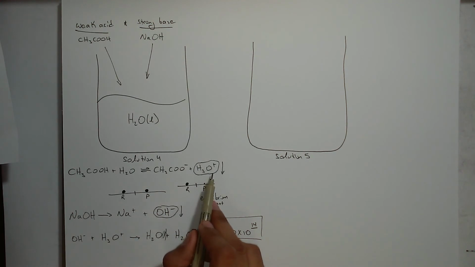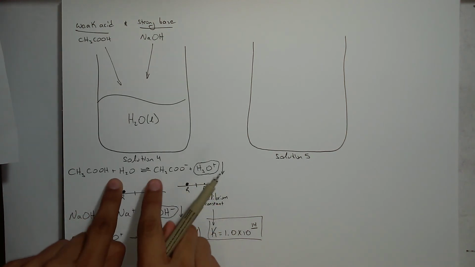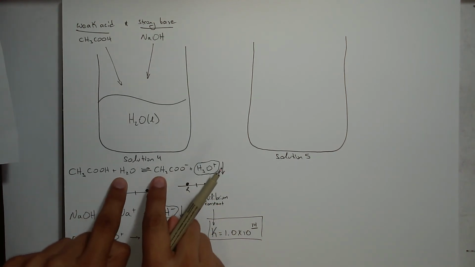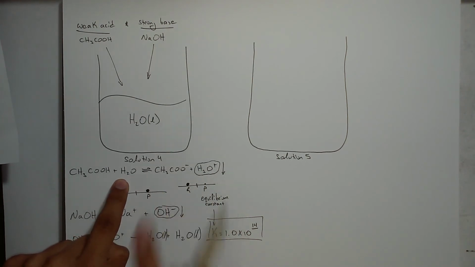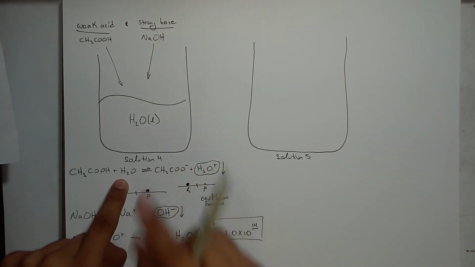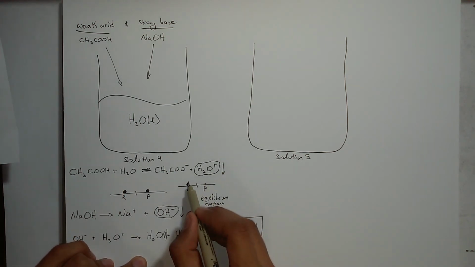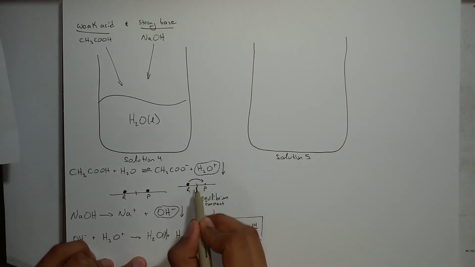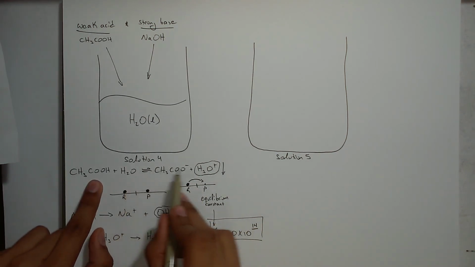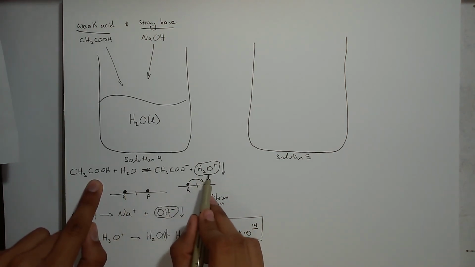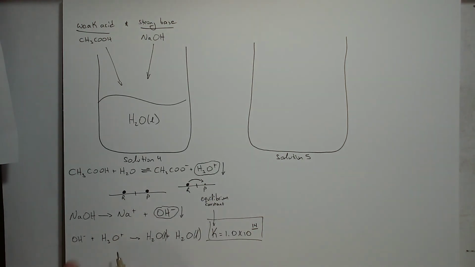If I decrease the amount of products in this solution, which way does this reaction shift in order to go back to equilibrium? Again, chapter 15, you guys learned about Le Chatelier's principle. If we decrease the amount of products, this is going to want to go in the forward direction. I want to produce more H3O+ because this reaction is consuming it.